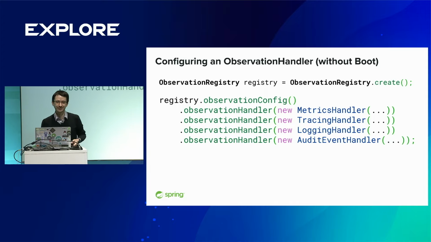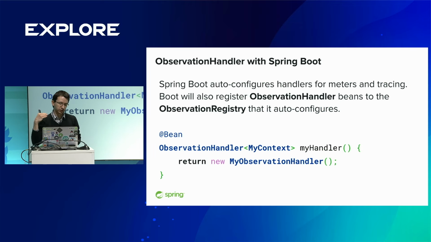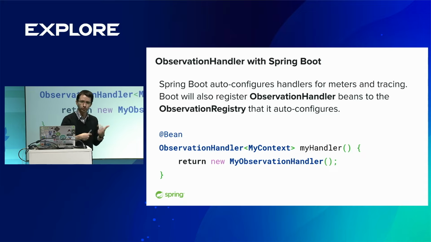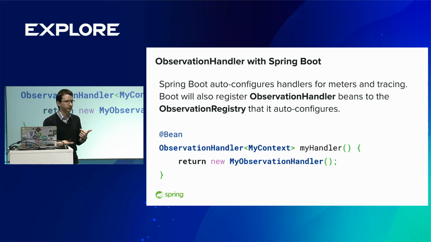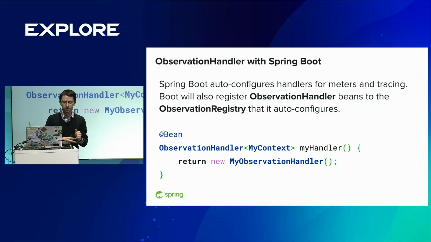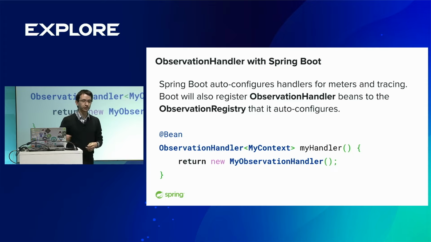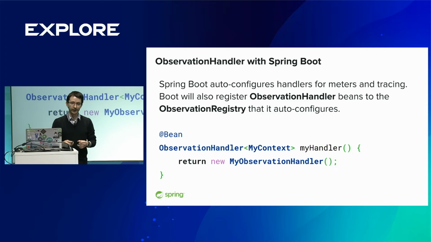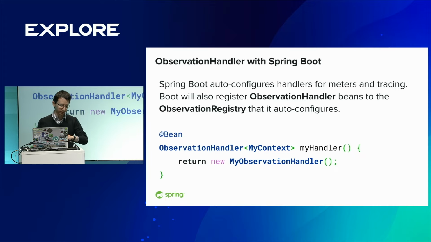Add the handler for that, and that's it. In Spring Boot, since it will do the auto configuration for you, it will not just add these default handlers for metrics and tracing. Whenever you create a bean from an observation handler, it will auto register it for you. And that's it. You can do whatever you want in your handler and produce whatever data you want.